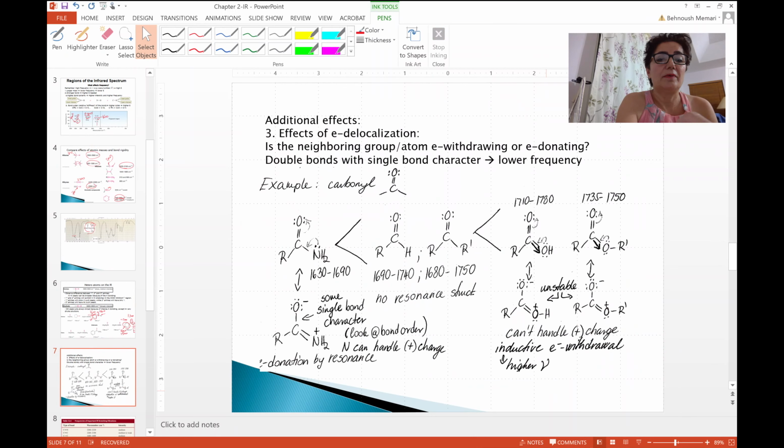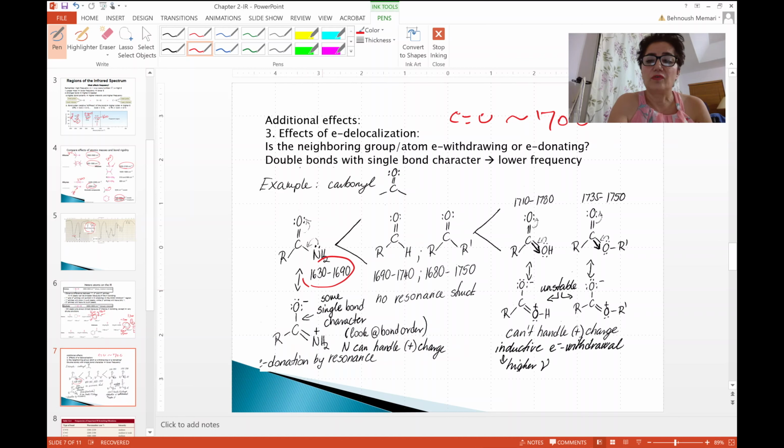I also just want to mention that the CO double bond normally appears around 1700, but if you have resonance, it would lower that number. An electron withdrawing group would increase the frequency for the CO double bond. For amides, which are shown here, since there is the formation of a resonance, the peak for the CO double bond appears around 1640.